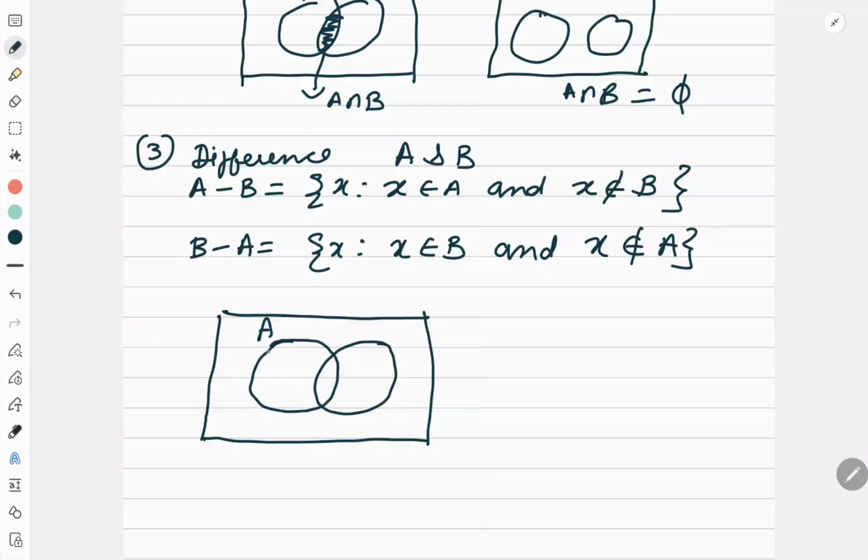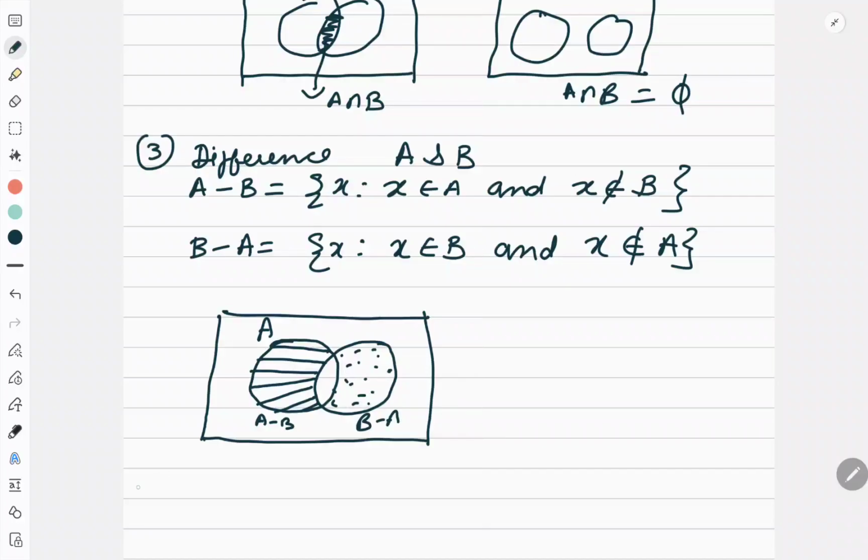All the elements of A which are not in B, meaning this portion. And obviously when they are disjoint, it will become whole A. Correct? So this is very simple. This lining is A minus B. If I ask about B minus A, then this dotted portion is B minus A.